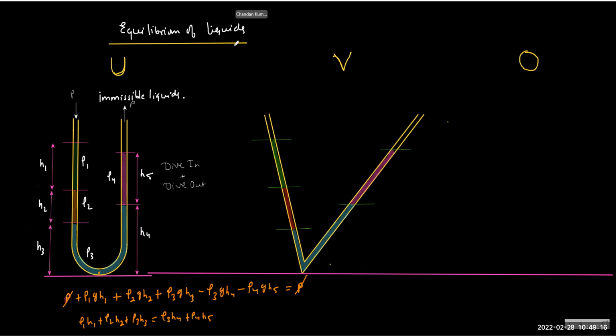Okay, so now we have, and what is given to us is the slant length. We name it L1, L2, L3, and the density rho 1.